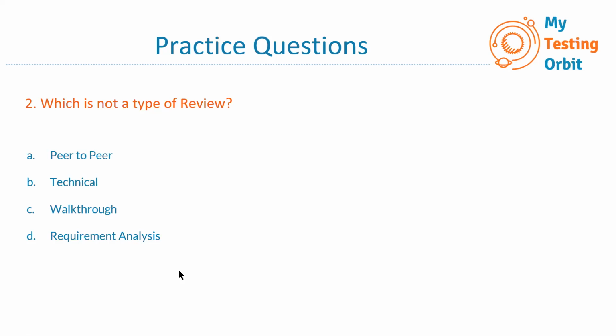Madhuri D. Yes, and D is the right answer, requirement analysis. Why? Because A, B, and C, all these options are types of review, but requirement analysis is basically a work product. So that's right. Alex has also said D, so Alex, that's the right answer.